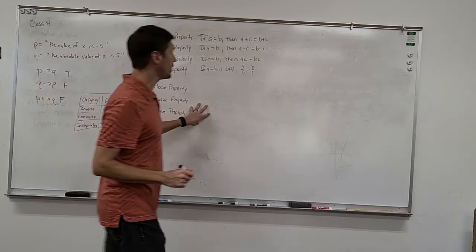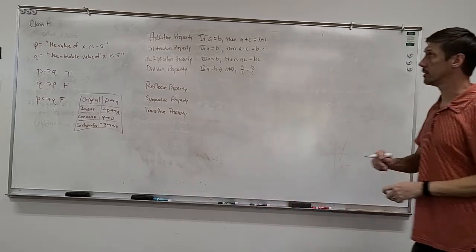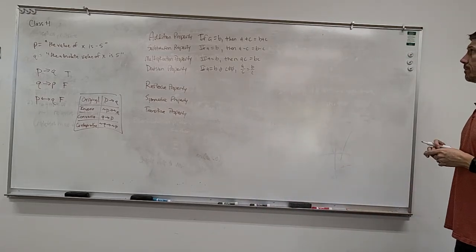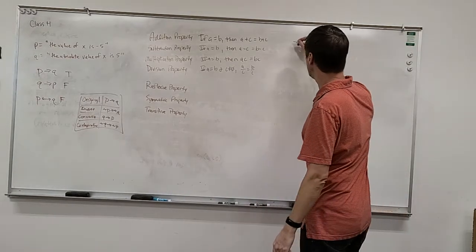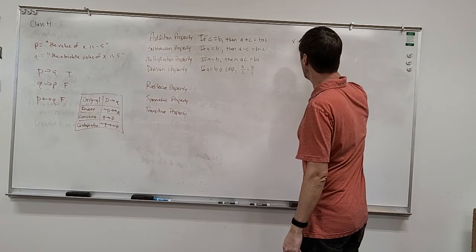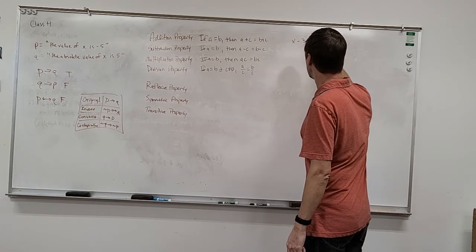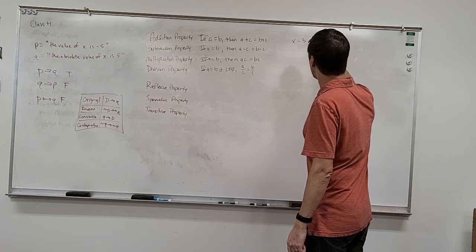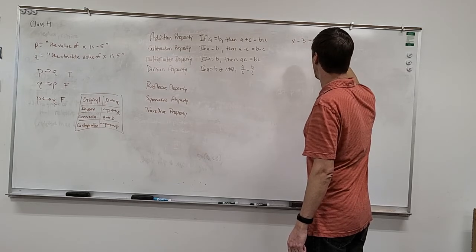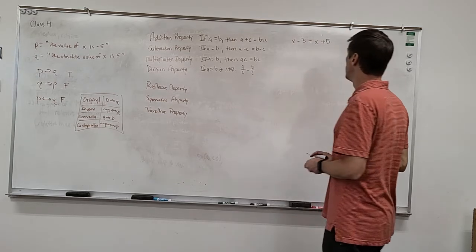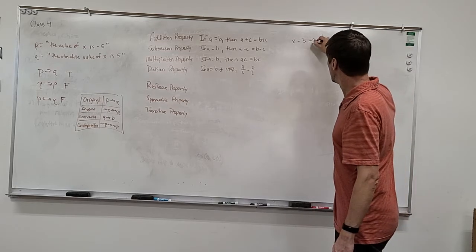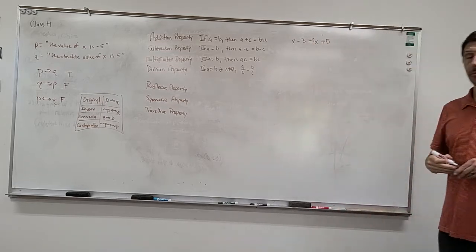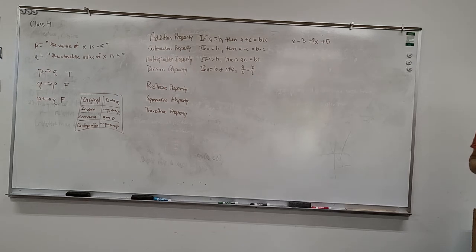Alright, so before I move on to these, let's talk about these just a second. You already know these. So this is why we're able to do something like this. X minus 3 equals 2X plus 5. Alright? And so let's say we want to solve for X. And so how would we do that?